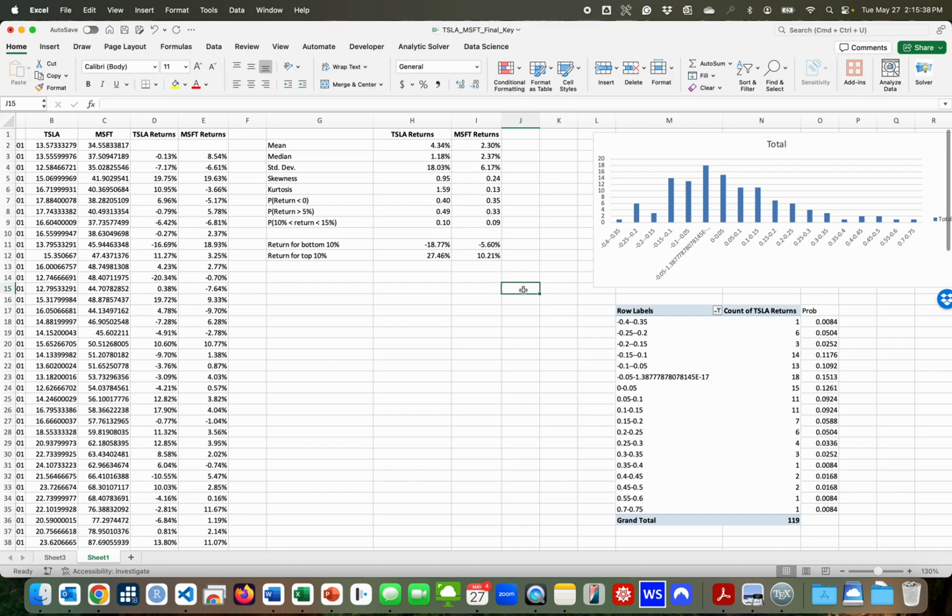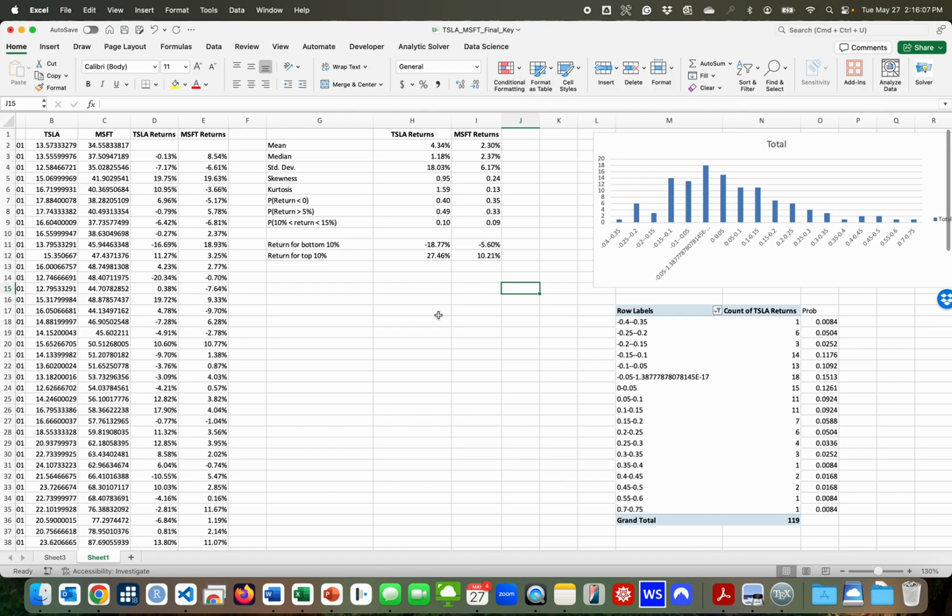And we would expect to observe a return greater than 10.21% about 10% of the time for Microsoft. Again, that larger standard deviation says we're more likely to observe those extreme values for Tesla than we are Microsoft. It has a higher mean, but it also has a higher standard deviation, which says values far from the mean are more likely to occur for Tesla than they are for Microsoft.